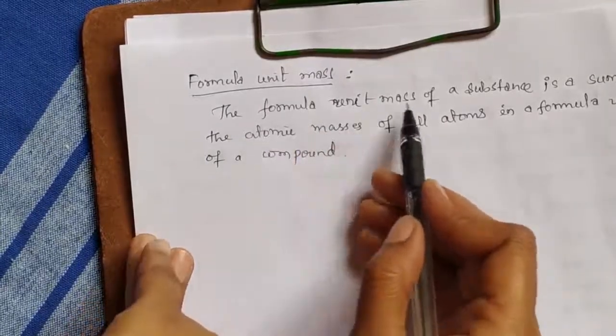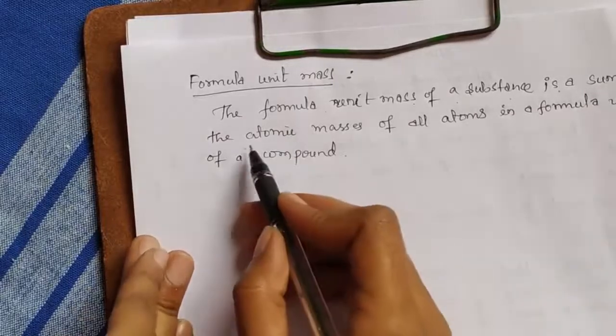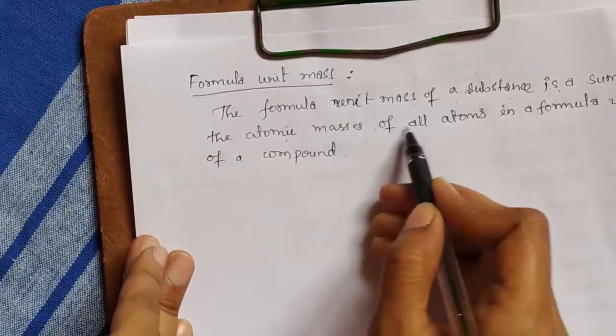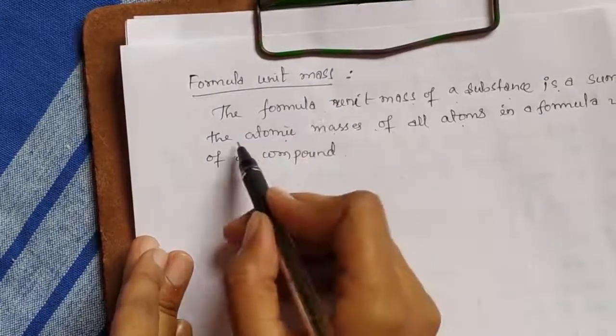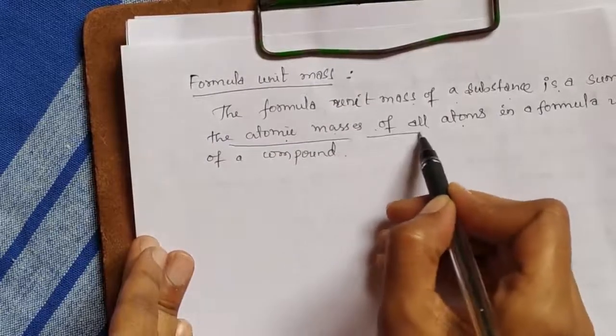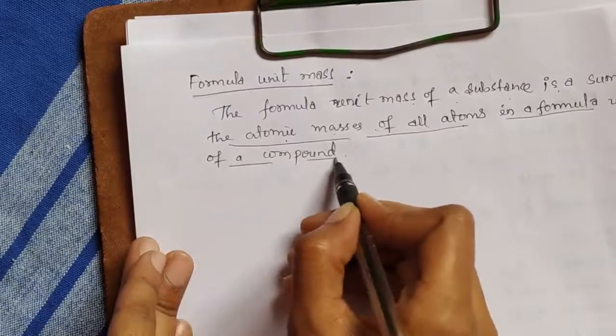The formula unit mass of a substance is a sum of the atomic masses of all atoms in a formula unit of a compound.